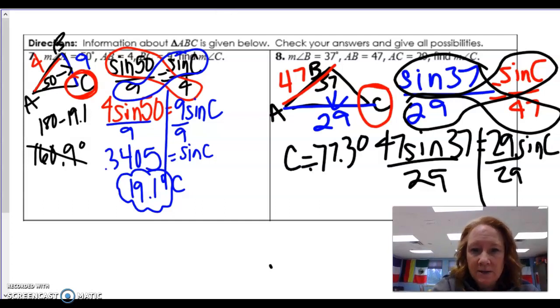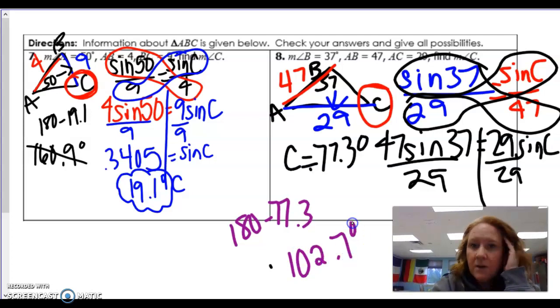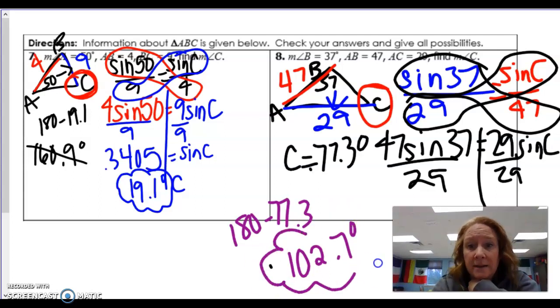Okay, now let's check that other angle to see if it might work. So if I do 180 minus 77.3, I get 102.7. Is that possible? Would that work in this triangle? And the answer is it would. Why?